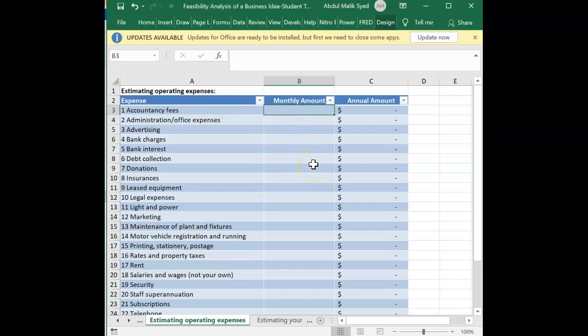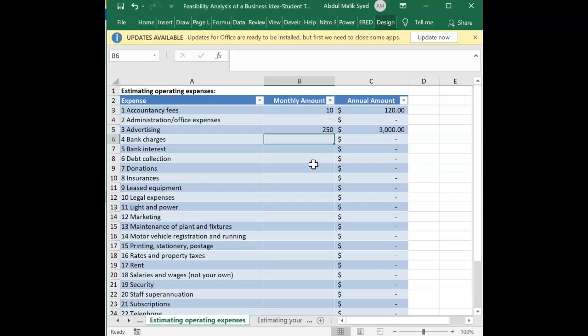Just for example, let me put some monthly cost amounts. Let's say accounting fees is $10. Administrative and office expenses, because it's not actually an office. Advertising, maybe we want to spend say $250.